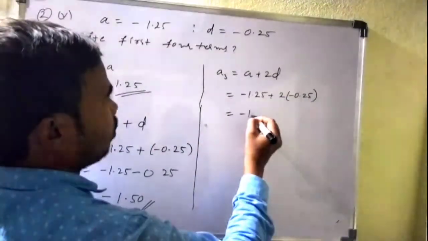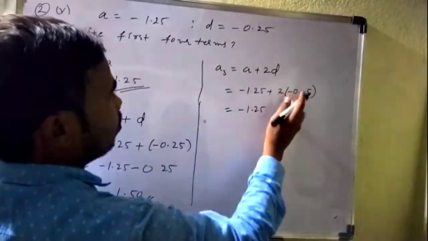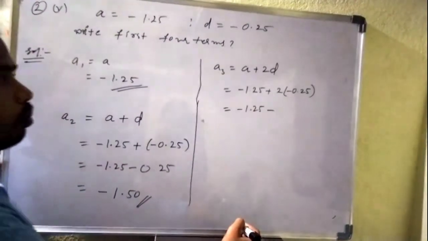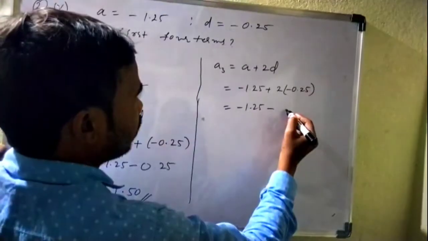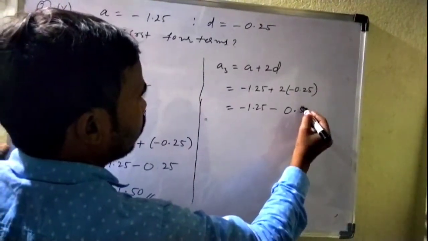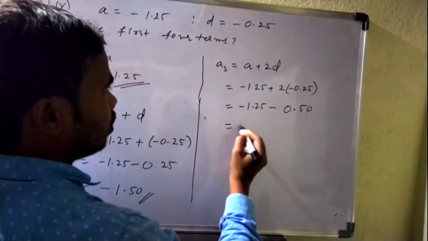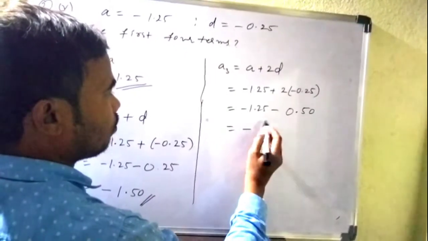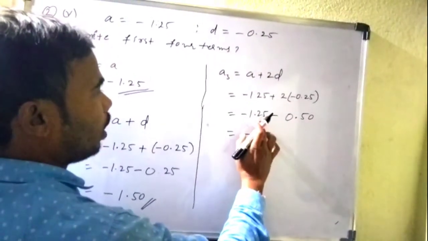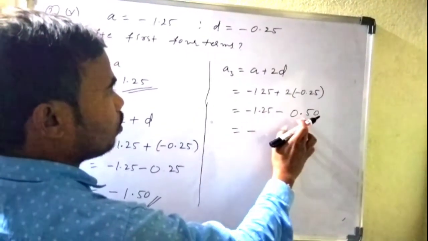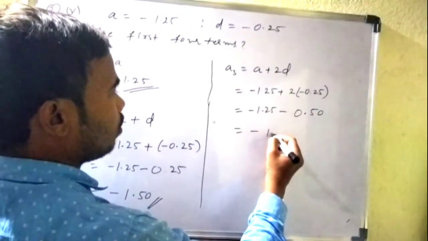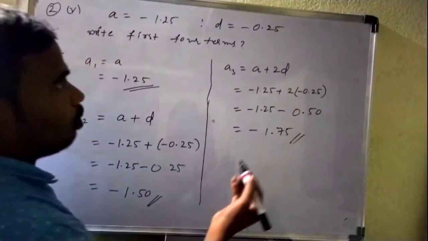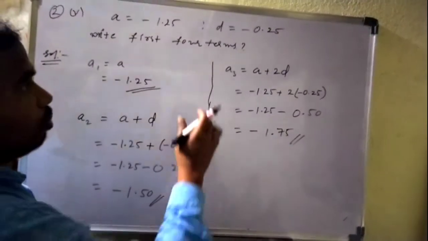So minus 1.25 plus 2 into minus 0.25 is equal to minus 0.5. Here both are minus. So first put the minus symbol, and 1.25 plus 0.50 we get 1.75.